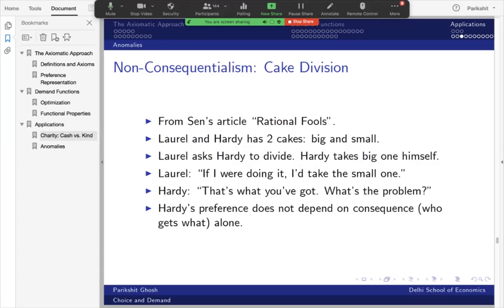I may care about how much poor children in Africa get, but in a consequentialist manner. If that's the nature of my concern, then this framework can easily fit that in. But if I also care about the process through which the allocation came about, then the kind of utility theory that we have built up will not be able to analyze that well.